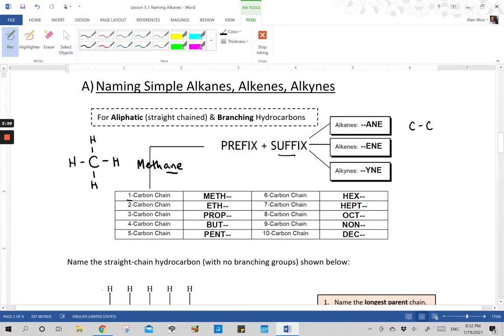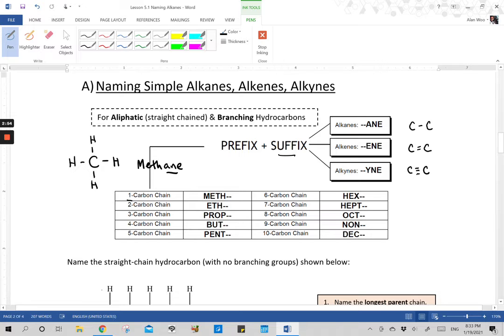Now, if you have carbons that show a double bond, then it's an alkene. And if you have hydrocarbons that show triple bonds between 2 carbons, then it's an alkyne. So the ending is going to change depending on the presence of a single bond, a double bond, or a triple bond between your carbons.